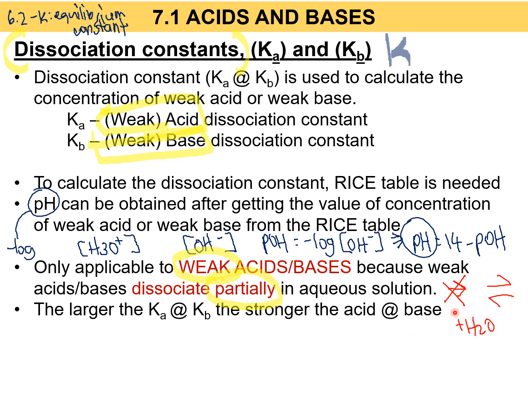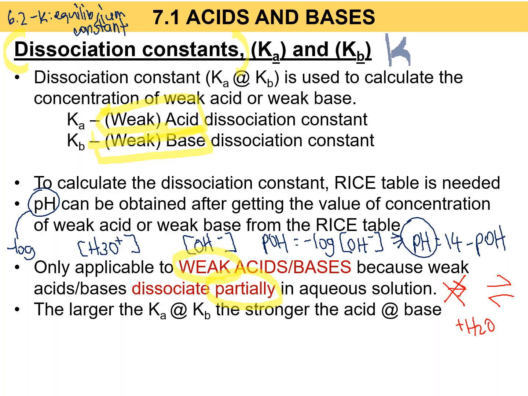Okay, and then kalau you nak tahu walaupun mereka ni weak acid ataupun weak base, tapi if you can calculate dia punya dissociation constant in terms of weak acid dengan weak base ni, boleh dah dapat the value of Ka dengan Kb ni, because the larger the value of the Ka ataupun the Kb, the stronger the acid or base.